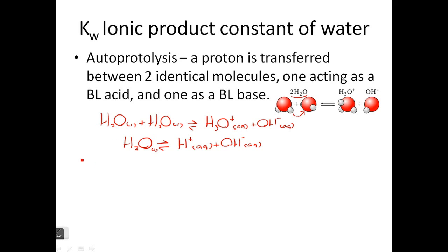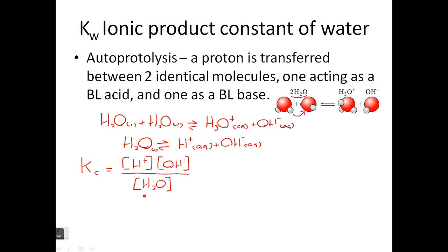Now if we were to write a Kc, which would be the products on top, I'm going to choose the second equation to write this. So it's products on the top, and then we have the reactant on the bottom. So we can write a Kc, an equilibrium expression for this reaction.